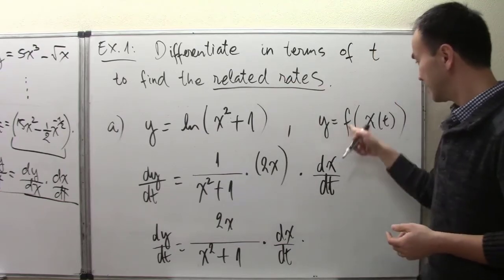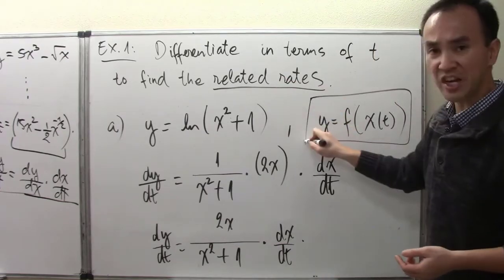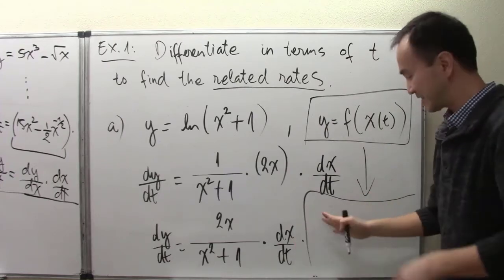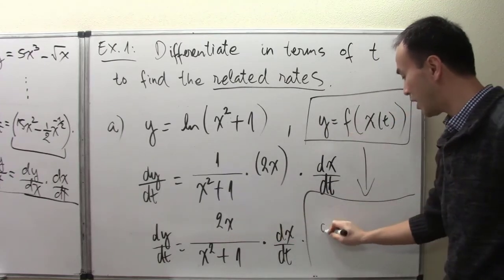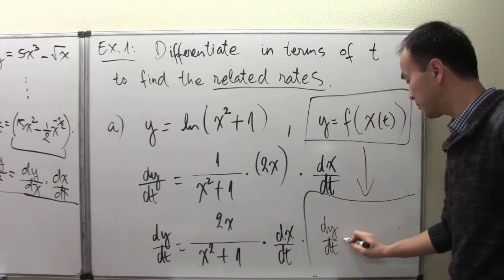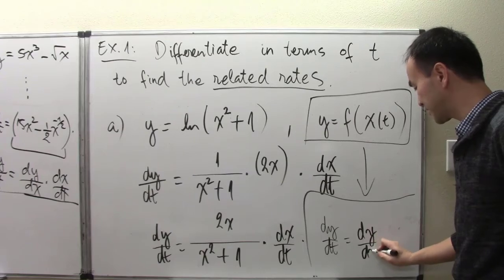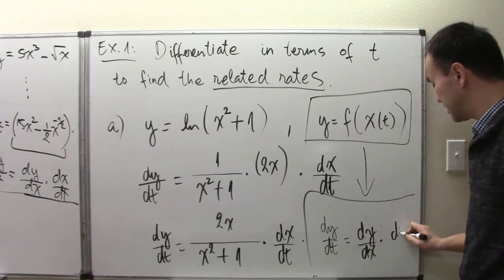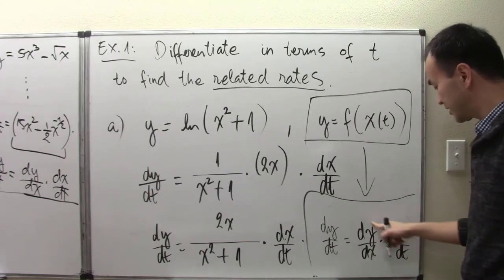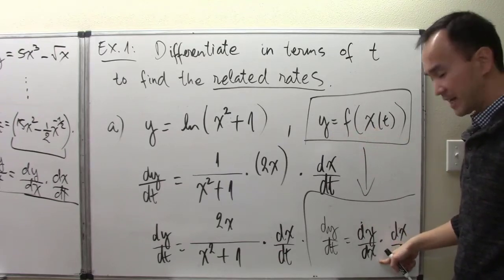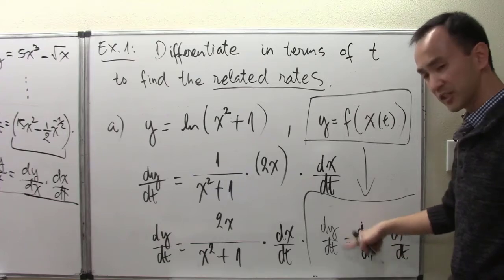So once again, the general idea behind the scenes here was that dy dt must be found by getting your dy dx first, and then multiplying that with the dx dt. This is the derivative of treating y as a function of x, and then we multiply with the implicit derivative here.